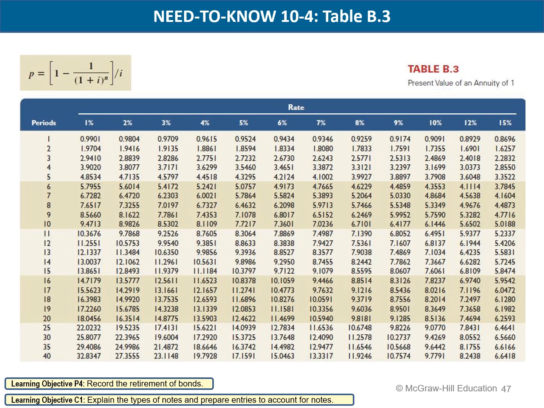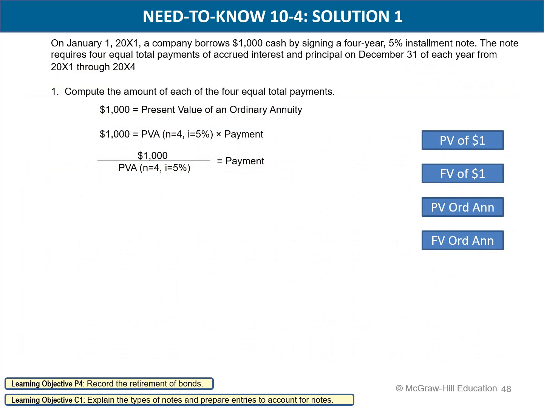We look at the intersection of 5% and n is 4. So we have 4 periods here at 5%, right? That's where we stop. It looks like our present value of an ordinary annuity of 1 is 3.5460. So 1,000 divided by 3.5460 equals your payment. We're going to make a $282 payment each of the 4 times.